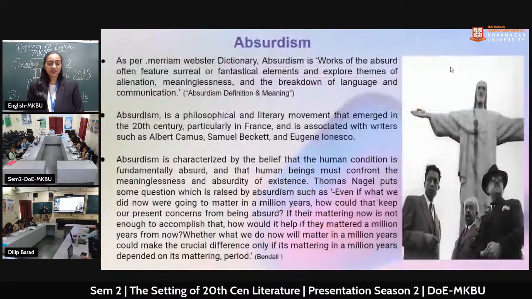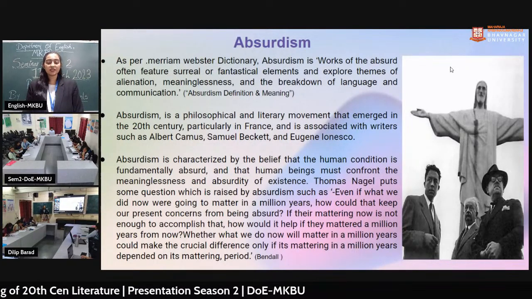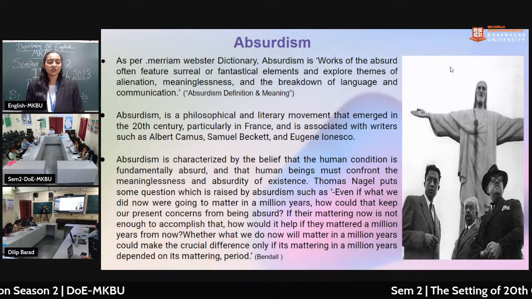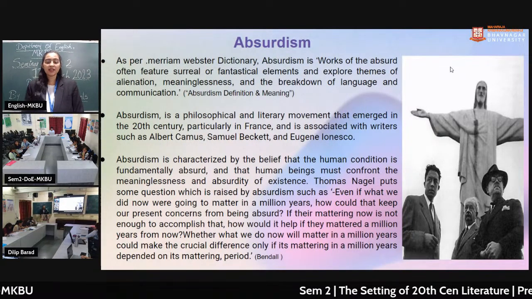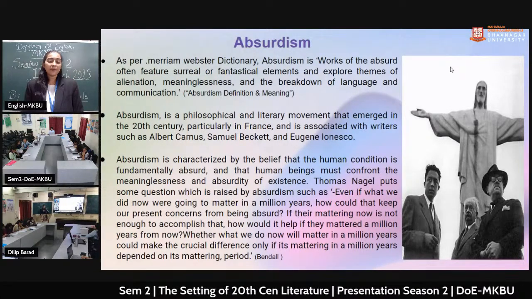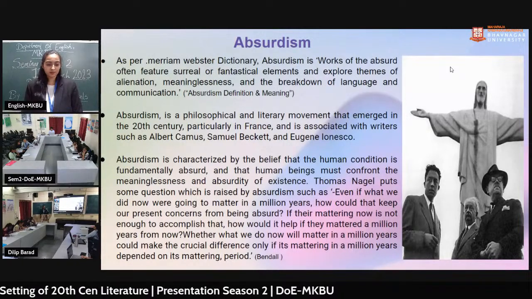Here is absurdism. As per the Merriam-Webster dictionary, works of the absurd often feature surreal, fantastical elements and explore themes of alienation, meaninglessness, and breakdown of language and communication.